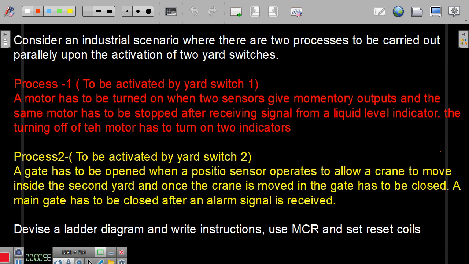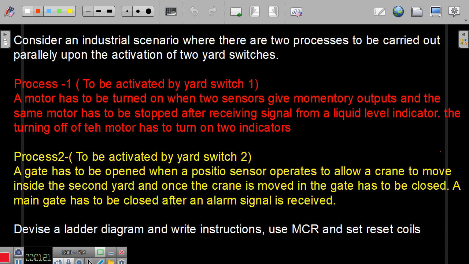A similar example we have taken in the previous class, but that was a generalized example. So here let us be a little specific with respect to the type of the example, which resembles some of the actions that take place in a typical industrial scenario, a part of it maybe. So your process 1 goes something like this.